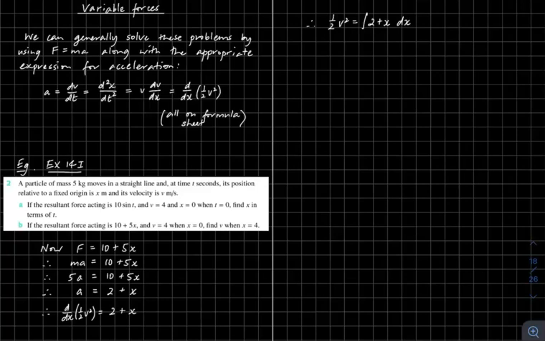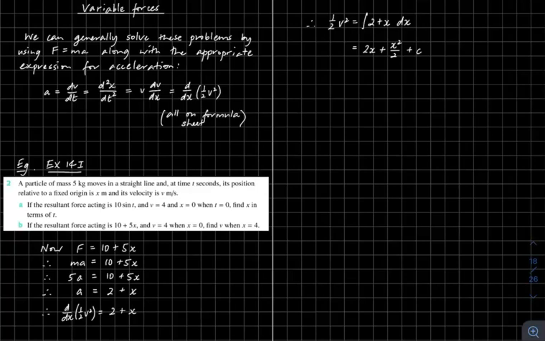So we're fine with that step. If the derivative with respect to x of this is that, then this must be the integral with respect to x of that side there. And that's going to be fairly easy to complete, isn't it? So that's 2x plus x squared over 2 plus c.